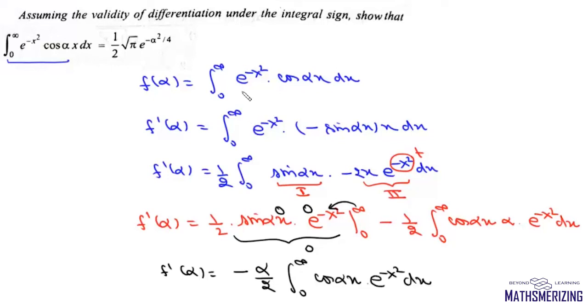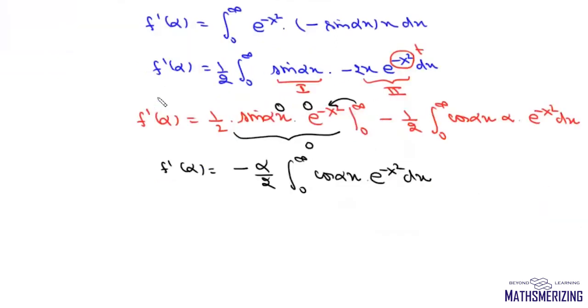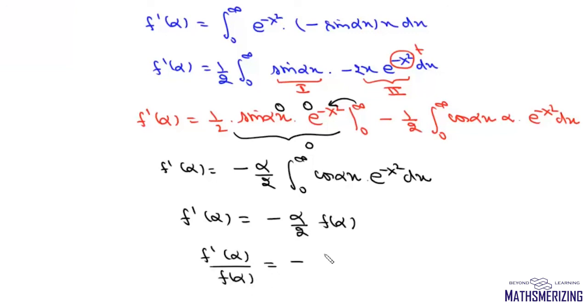Now this e to the power minus x square cos alpha x dx is nothing but f(alpha). So we can write this function as f dash alpha equals minus alpha by 2 into f(alpha). We can rearrange this as f dash alpha upon f(alpha) equals minus alpha by 2.